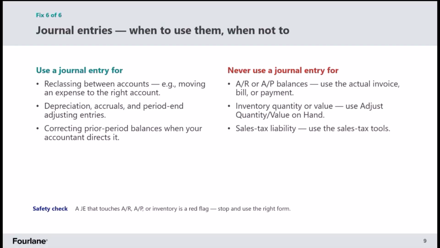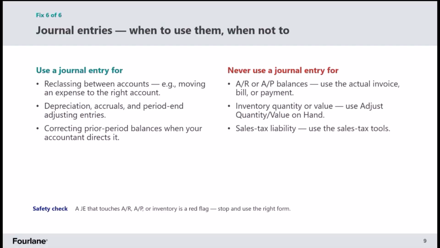Now, secondly, you never want to use a journal entry to adjust inventory quantity or value unless your inventory is kept in a third-party system outside of QuickBooks. If you have your inventory modules turned on inside of QuickBooks and QuickBooks is your active inventory point of record, you never want to use a journal entry to adjust inventory.